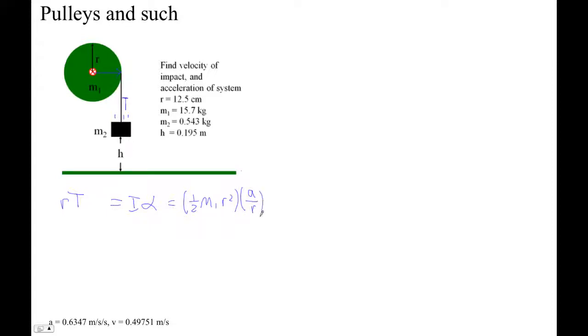I'm using the substitution that I is 1/2 mr squared, assuming the pulley is a cylinder, and if a is alpha r, then alpha is a over r. So the angular acceleration of this thing is simply the linear acceleration of the string divided by the radius. Now if you're paying attention, the r cancels out.